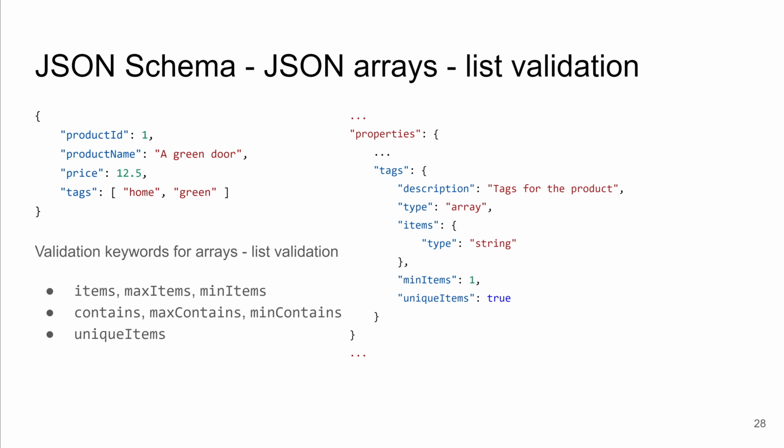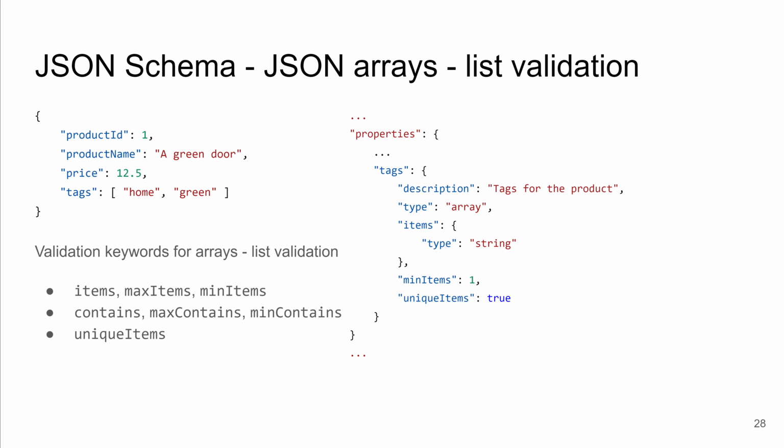So for instance here, for the tags array, we say that those are tags for the product. It is an array, that's fine, and it has items. And all the items are of a type string. In addition, we say that there is at least one item and that the items need to be unique. So it is not possible to have, for instance, the home tag twice in the array.